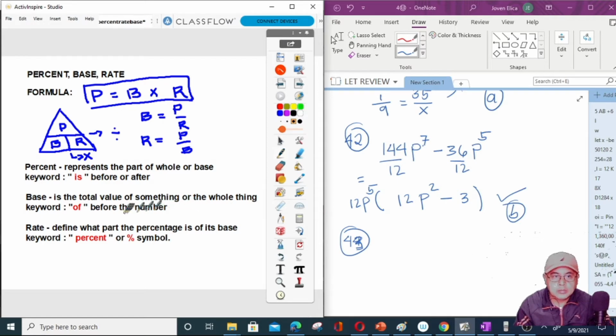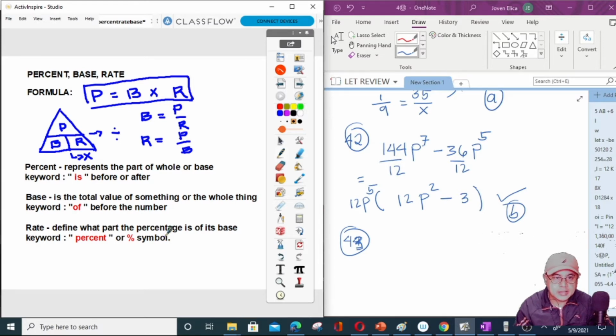And you will be able to identify the base in a problem by simply taking note that if you see the word "of" before the number, that represents the base. And the rate defines what part of the percentage is of its base. Rate and percentage are different.